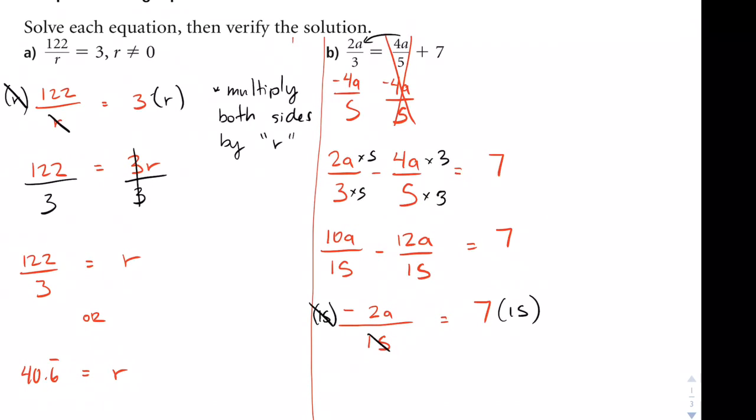Now, what do I have? I have negative 2a equals 7 times 15. I'm not exactly sure what that equals, but let's check it out. 7 times 15 equals 105.